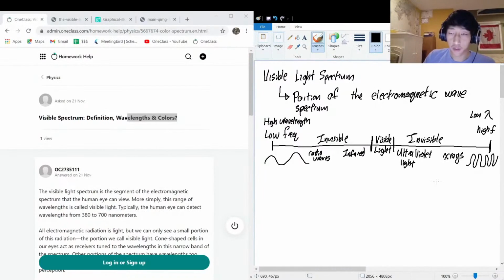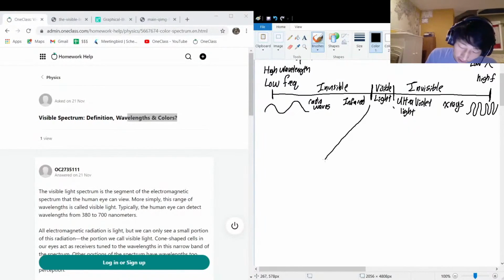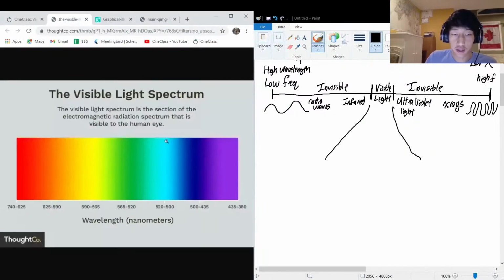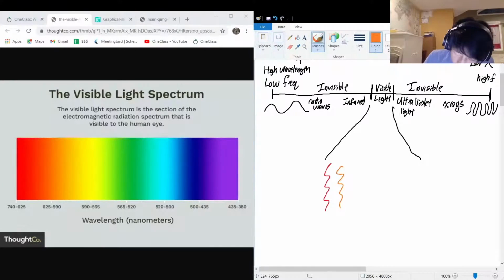Okay, now within the visible light spectrum, we have our different colors, and this is difficult to draw. It's better if I look at a nice diagram that shows the visible light spectrum. Courtesy of ThoughtCo. Thanks, ThoughtCo. Really thoughtful of you. You can see it really does follow a rainbow type of way. So if I'm going to draw it out, we've got red, orange, yellow, green, blue, purple, violet.